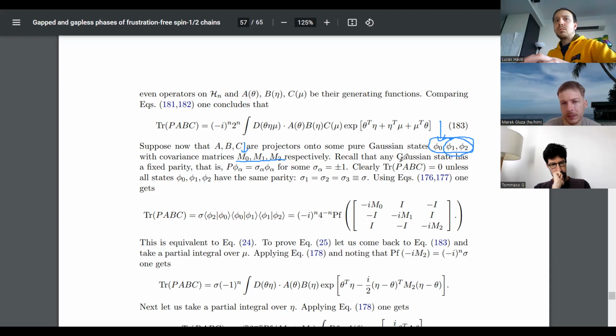And then they say, okay, any Gaussian state has a fixed parity that is, P on phi, I guess as a catch, will give us phi alpha plus minus 1. And yeah, here they just explain something about the parity and so on, which is simplifying the calculation, but I'm skipping the calculation.